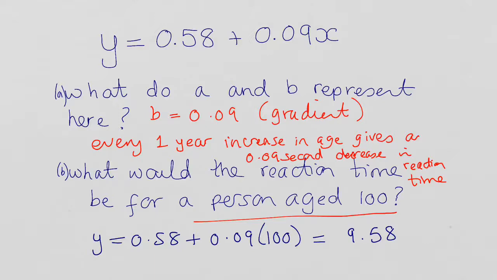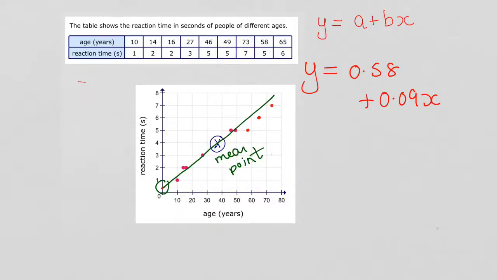Now what we've done here is something called extrapolation. Our data, if we go back to the table, only went up to the oldest person here, 73. And although we can probably hazard a good guess that as you get older and older, your reaction times decrease and the time taken to do a task would take longer, we don't actually know.